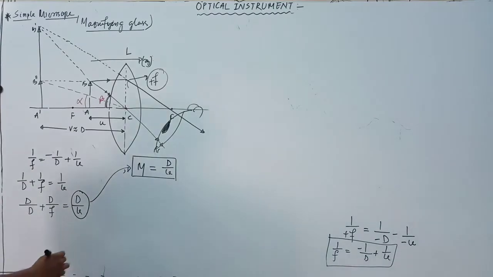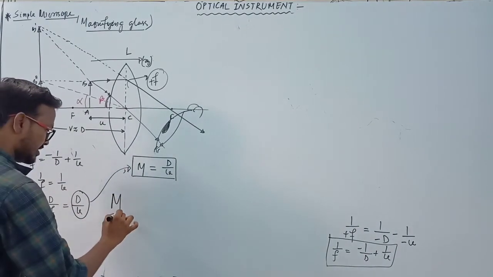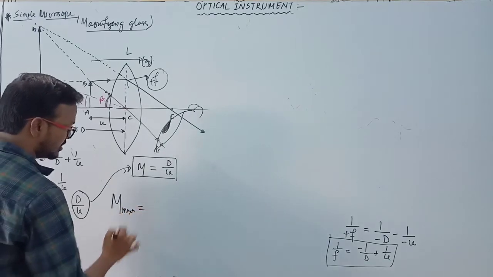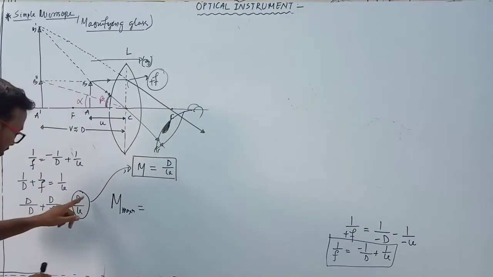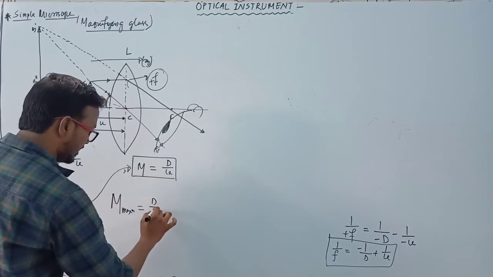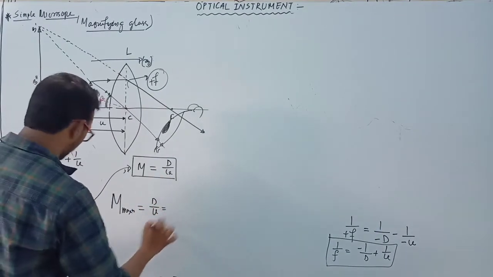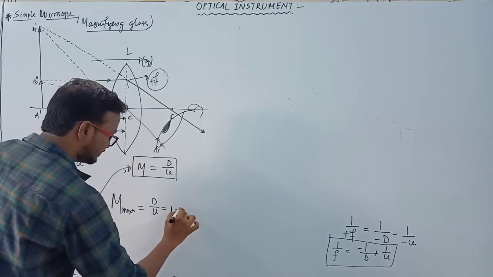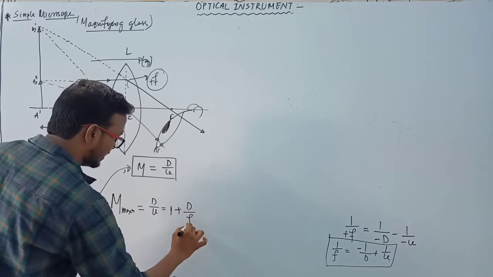Now this magnifying power is known as the maximum magnification. Maximum magnification equals d by u, and the value of d by u is d by d, which equals 1, plus d by f.